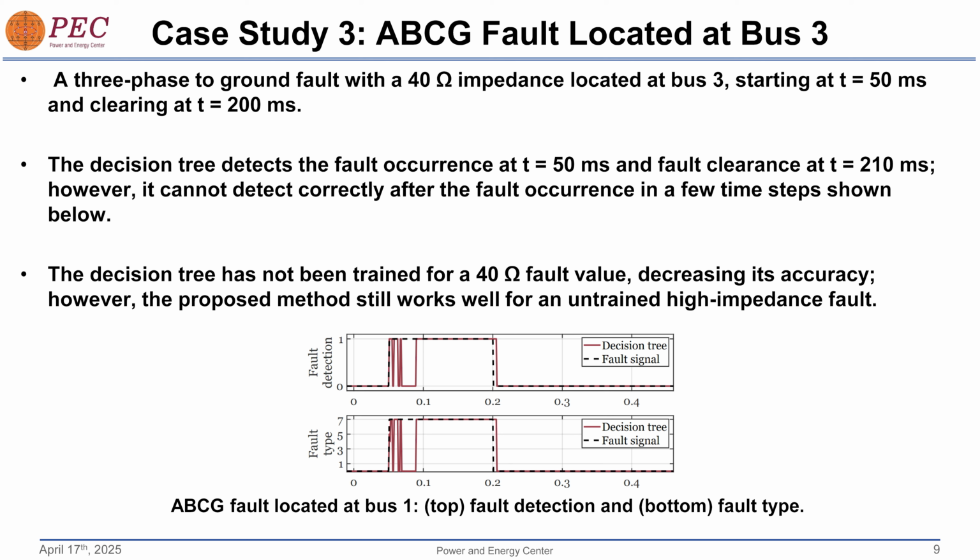And so we wanted to see what would happen if we just tossed this at the model and see how it performed. As you can see, there was some oscillation towards the beginning of the fault. However, by about the 0.1 second mark, the machine learning model had totally determined that there was definitely a fault occurring, and it held that all the way through to the end.